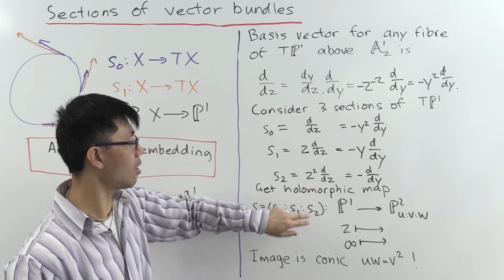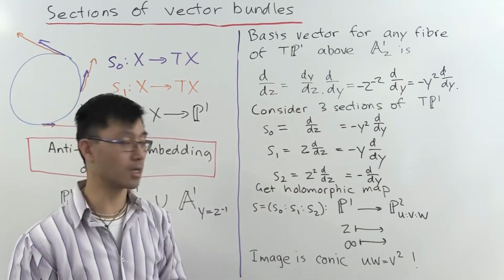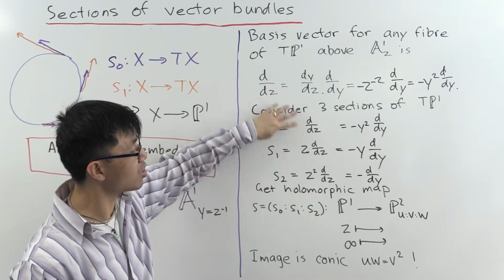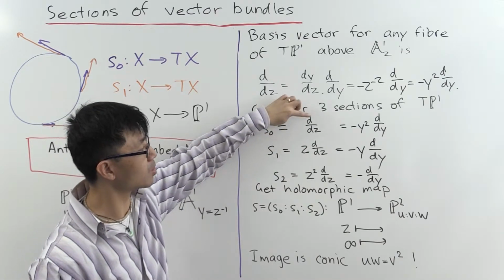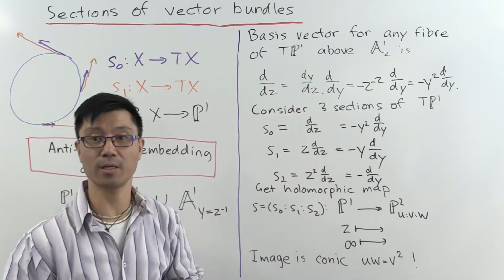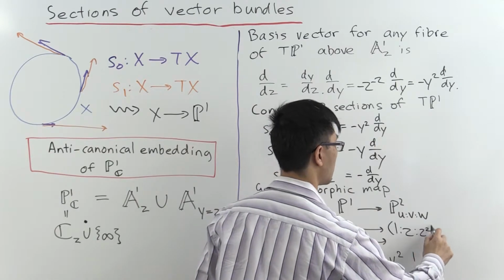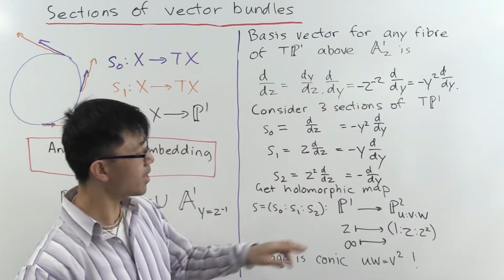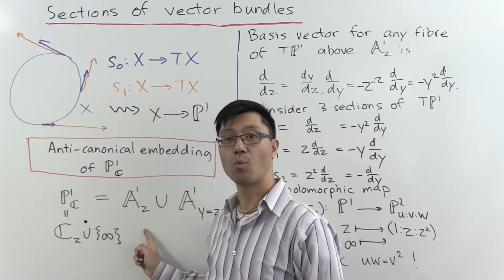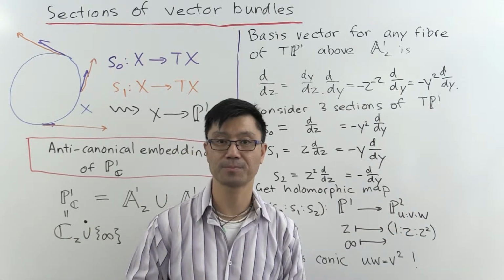And S2 of z is z squared d/dz. What's the ratio between these 3? So you look on this side when z is not infinity, and the ratio is simple enough, because d/dz is a common basis vector here. It's just 1 : z : z squared. And that's how you can map, at least on this affine patch, A1 with coordinate z, over to P2, 1 : z : z squared.